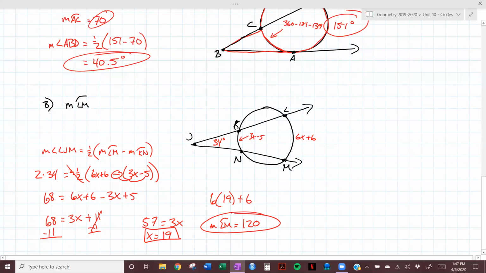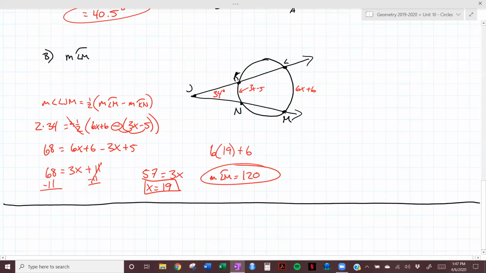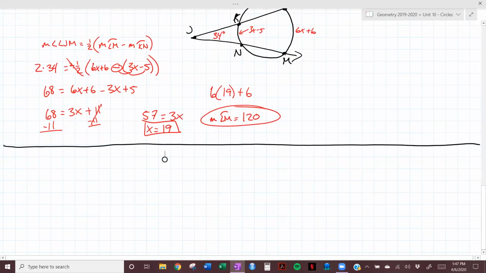All right, now we have one more example, and another thing of cases, okay? So we need to find the value of x. So it says, what is the value of x?